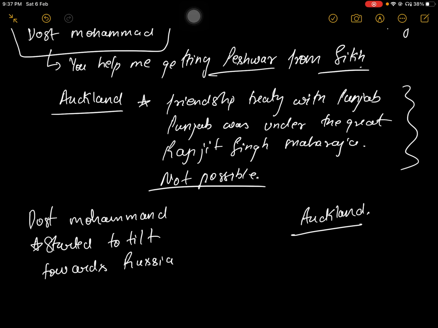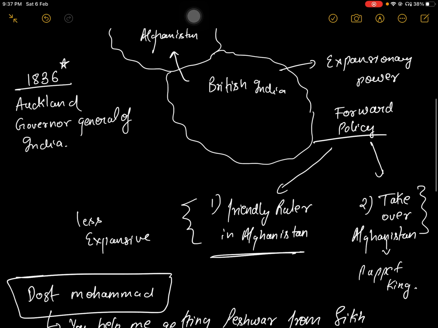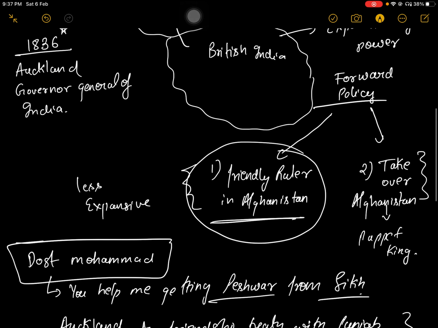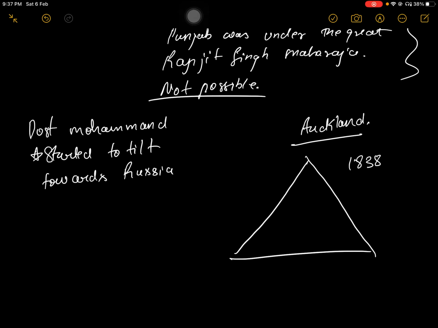Then he did some research. He said that, okay, now listen, this first thing did not work out. Dost Muhammad is not listening. Now there is just the second option, that you take over Afghanistan and put a puppet ruler there. So he did, very important, the 1838 treaty, which is known as the tripartite treaty.